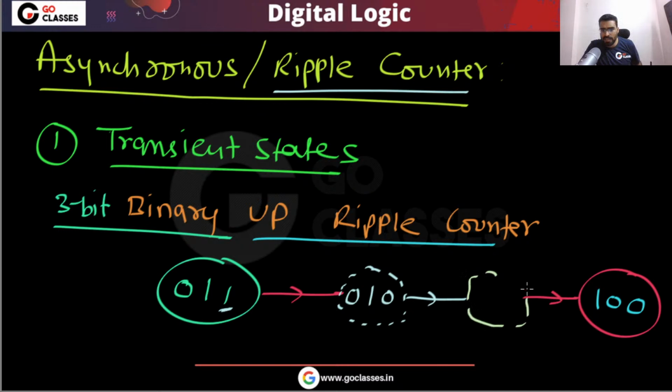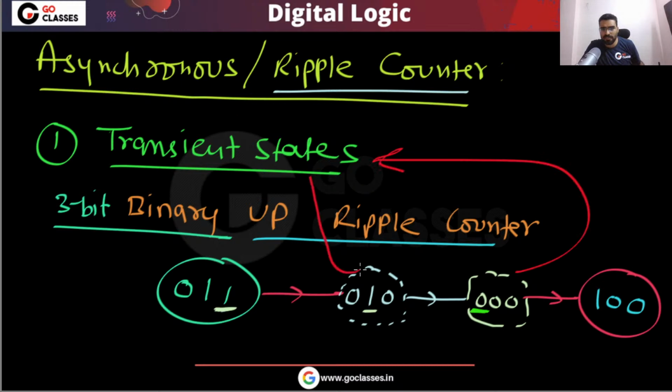Then what will happen? Then the next bit will change, then the next, and then finally the last one will change. So you can notice that in this binary ripple counter we are getting transient states. Yes or no? We are getting transient states. So this is the idea.